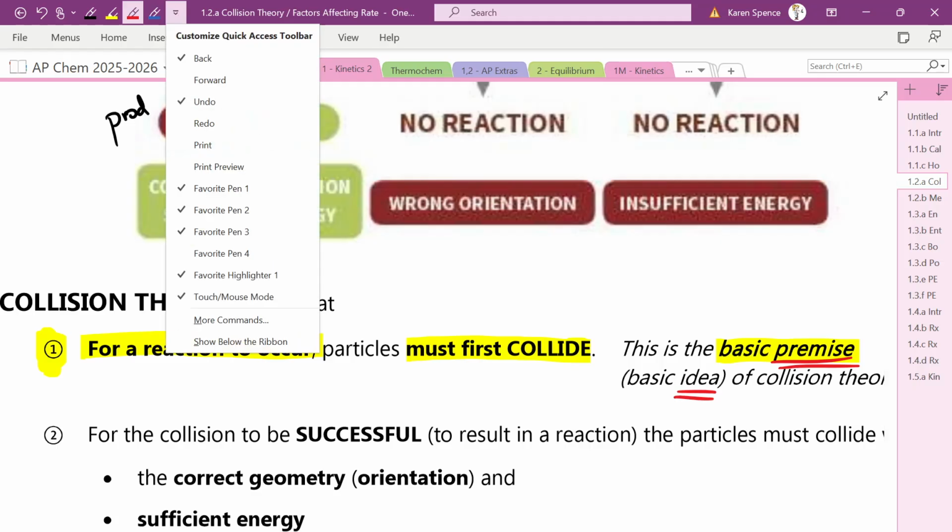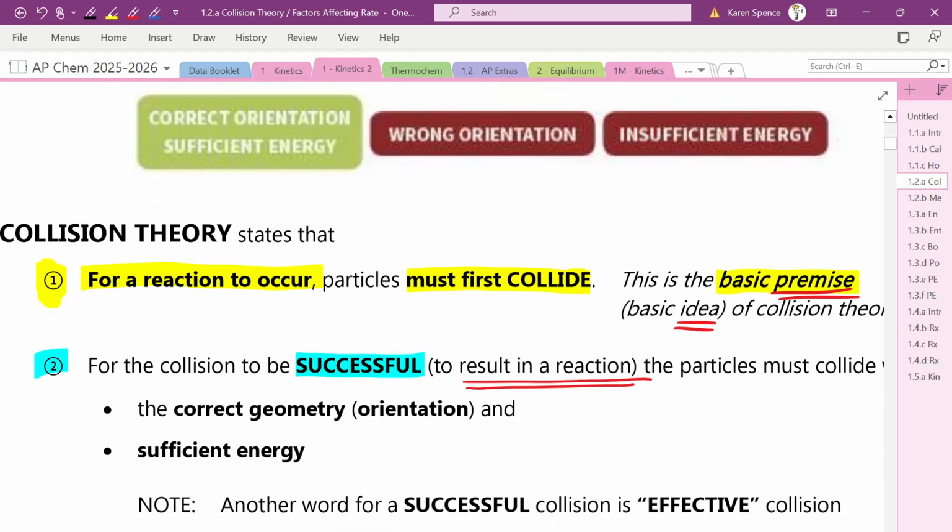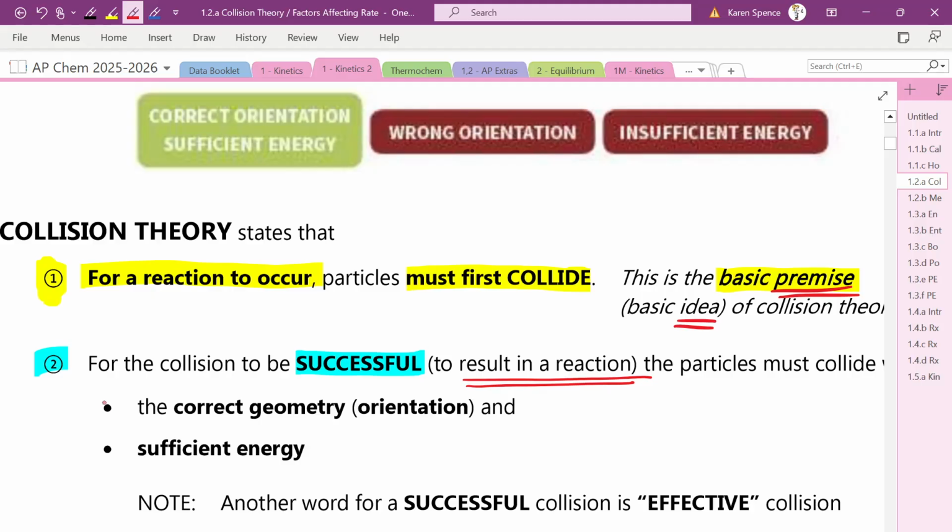Step two, you can't just have any old collision. For a collision to be successful, or to result in a reaction, the particles must collide with, and I really want this to be an A and a B, so I'm going to change that to an A and a B. A, the correct geometry.